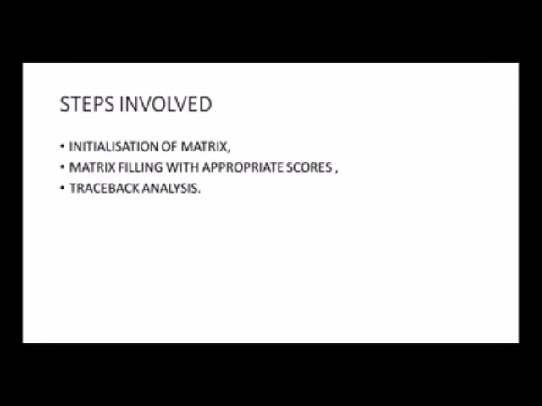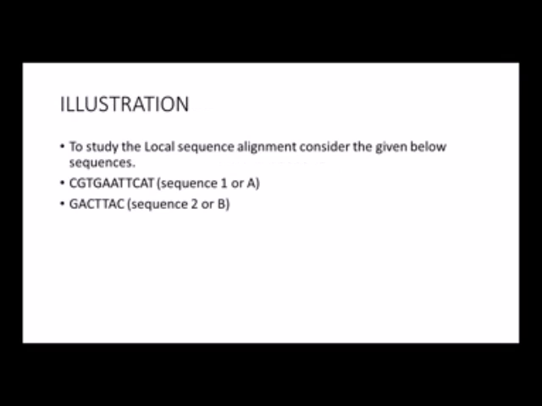What are the steps involved in alignment? Initialization of the matrix, filling of the matrix, and then the traceback analysis. Let us look into the concept with an illustration. Here I have taken two sequences into account: sequence 1 or A, and sequence 2 or B. These two sequences are of unequal length.